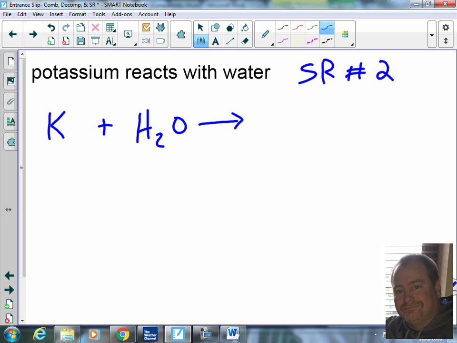Now, I need to check my activity series, right? To determine if that is an active metal or not. Well, there is a line that says reacts with cold water liberating hydrogen gas. There's also one that says reacts with steam liberating hydrogen gas. Am I dealing with steam right here? No, believe me, folks, if they were having steam, it would say potassium reacts with steam.